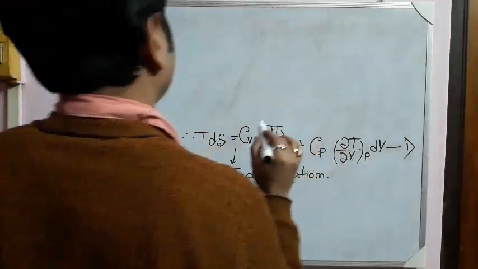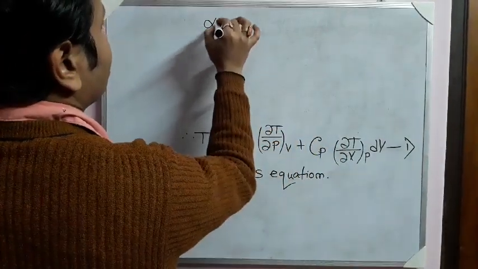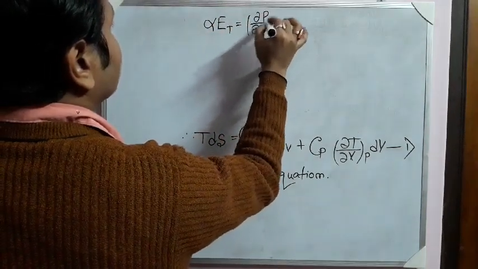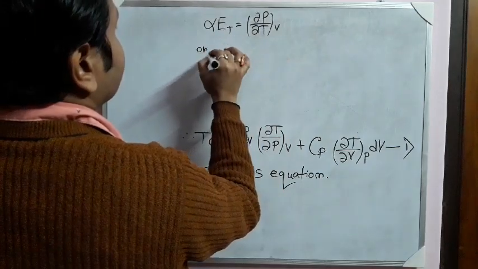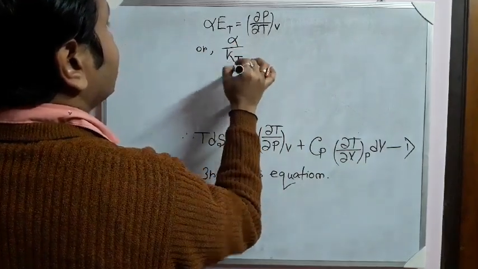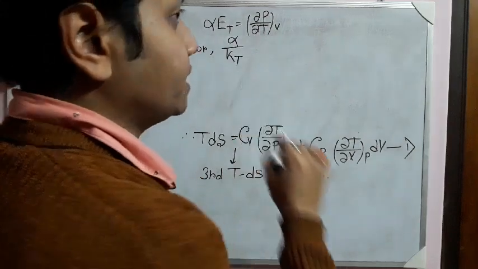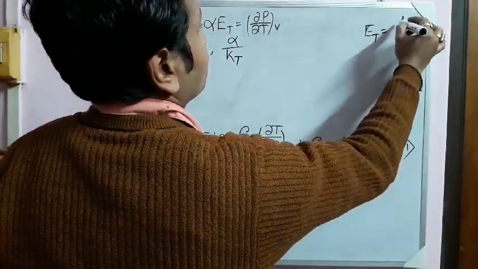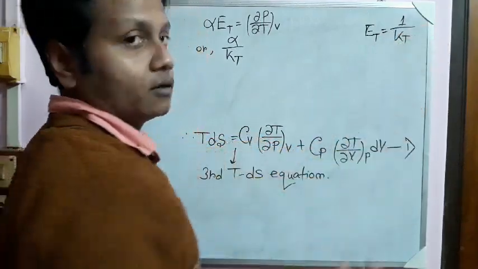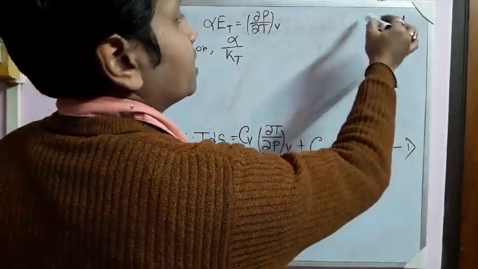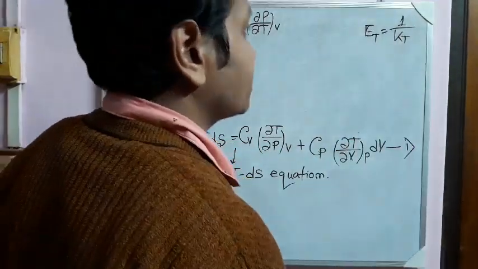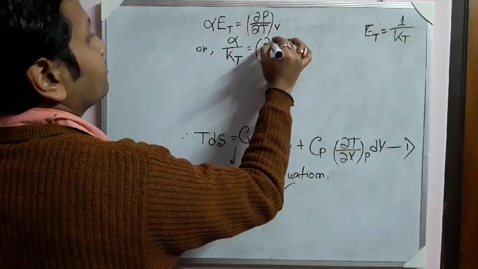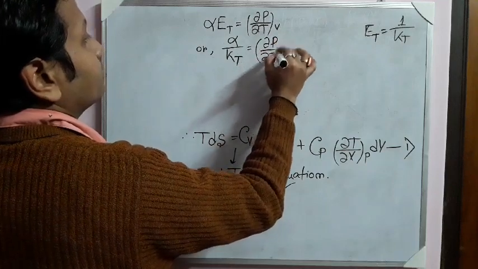We previously derived that alpha multiplied by ET equals del P del T at constant volume. ET is the inverse of KT. If ET represents the isothermal elasticity, then it is the reciprocal of isothermal compressibility. So alpha by KT can be written as del P del T at constant volume.